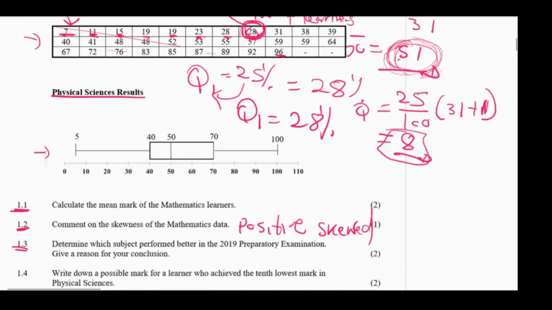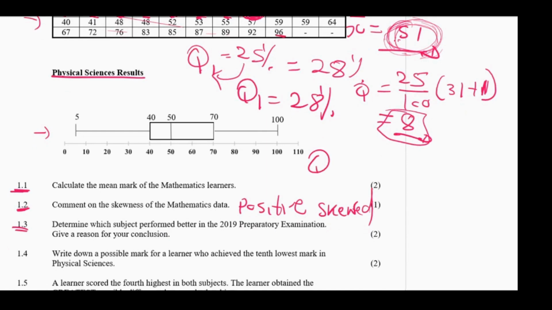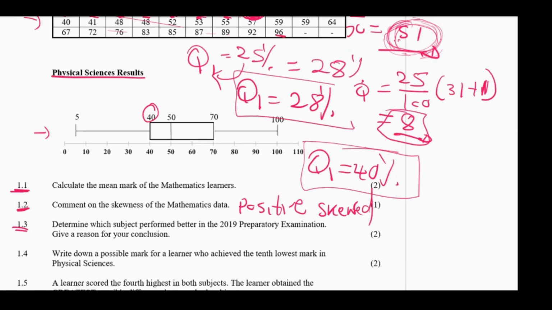And then Q1 for physics is this one, which is 40%. You can see now that the lowest performing learners in physics got at least 40%, and the lowest performing learners for maths got 28%.